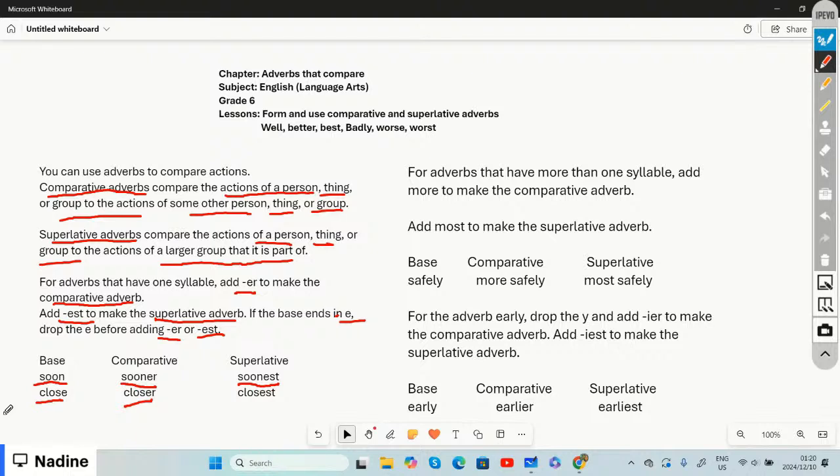But if we now compare it to a larger group of things, then we can say closest.